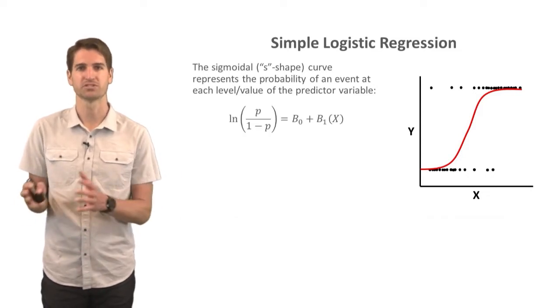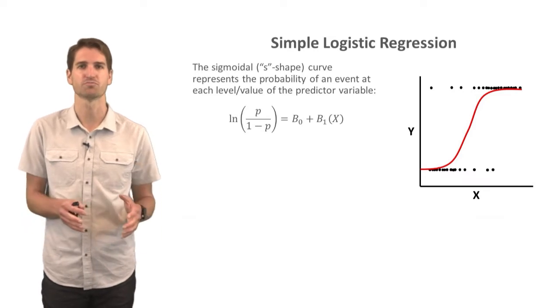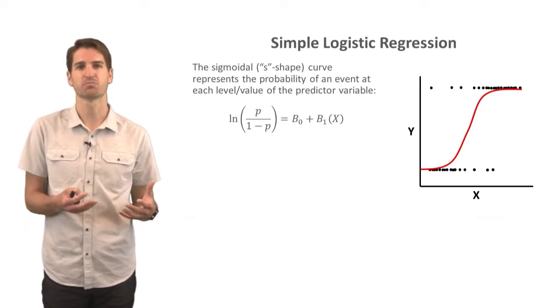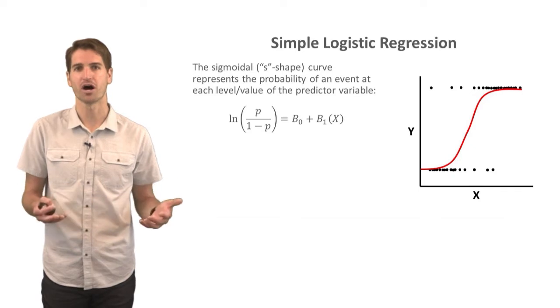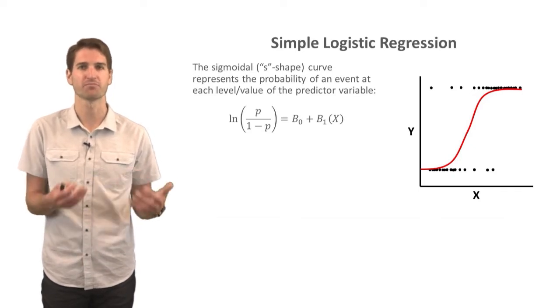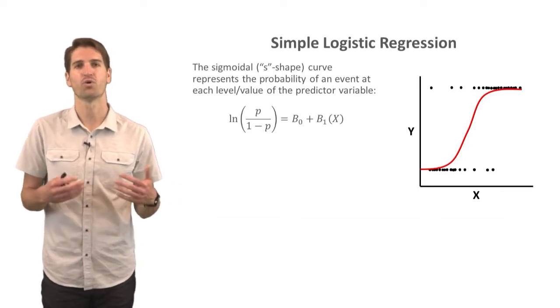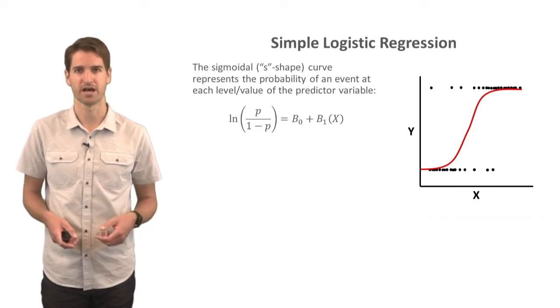We can take our regression equation, as I just showed you before, and that's going to predict the natural log of our odds, where the odds is calculated by the probability of an event occurring over 1 minus the probability of that event occurring.